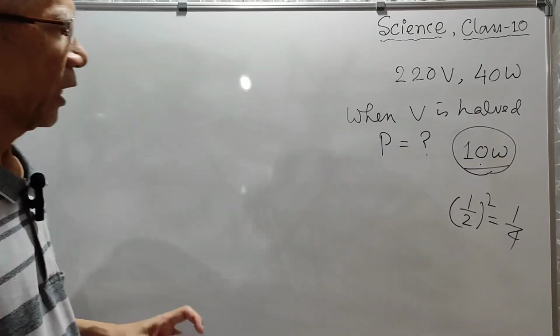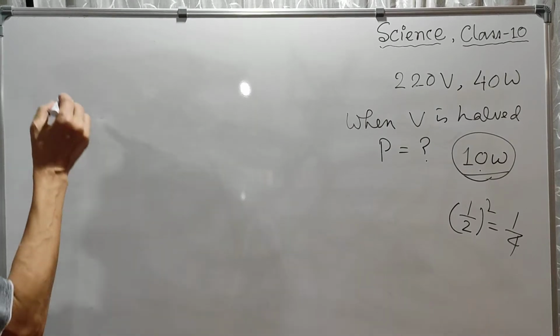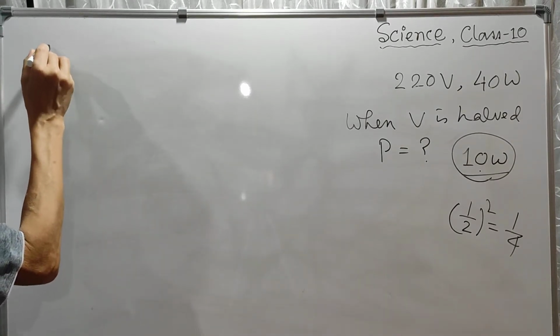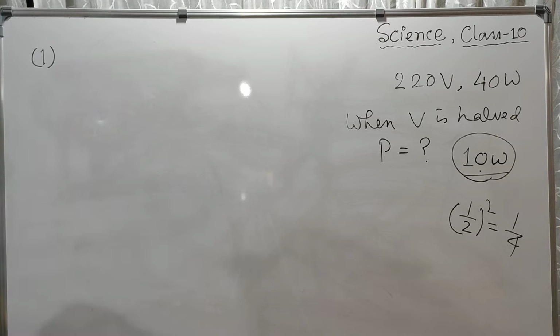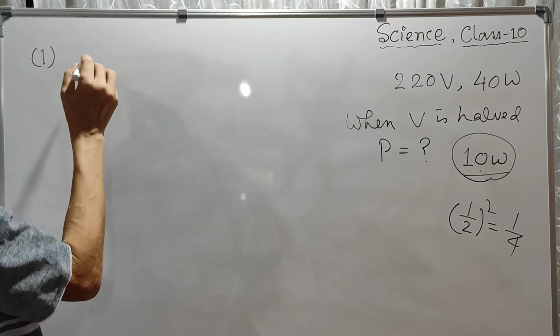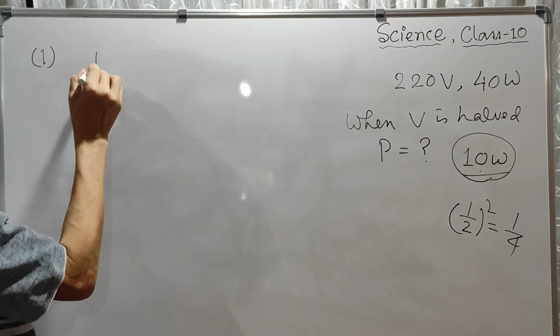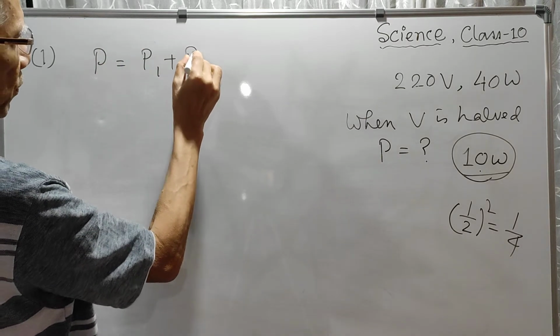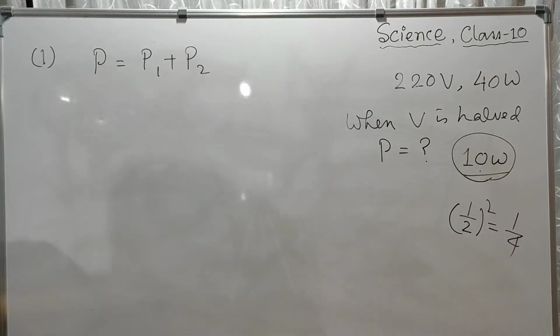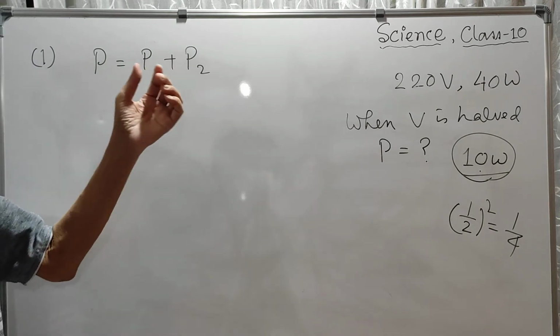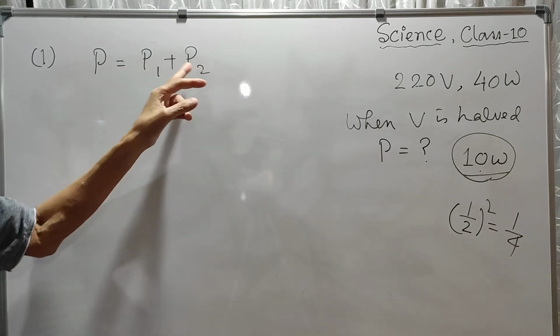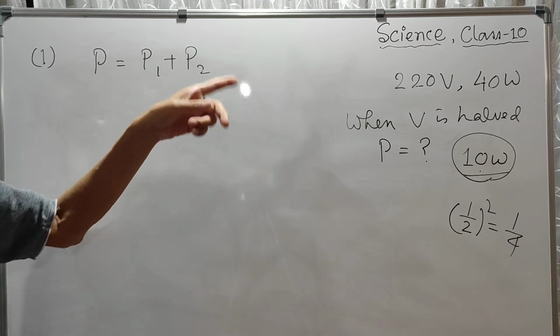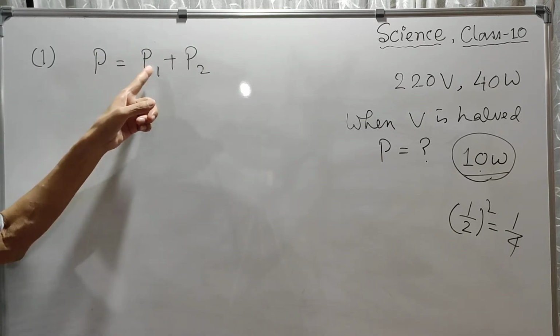All right. Now there are different ways. So number one method is this: by combination of lenses. Using this formula, power is P1 plus P2. So when two lenses of power P1 and P2 are combined, their total power will be P1 plus P2.